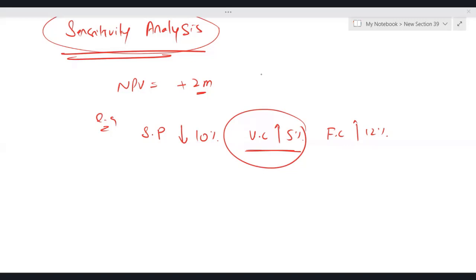If there are 10 projects and out of 10 you need to opt only one, obviously you are going to opt the project which gives you the highest NPV. That is a decision criteria.